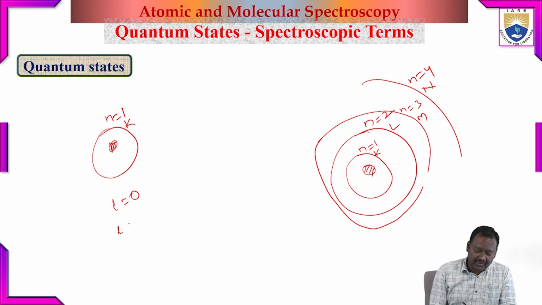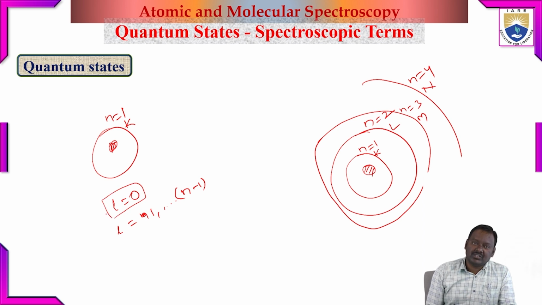The values for l are n minus 1 values, from 0 to n minus 1. So for n equal to 1, there could be only l equal to 0. That means for the same circular orbit, l equal to 0. If l equals 0, the orbit is a circle itself.